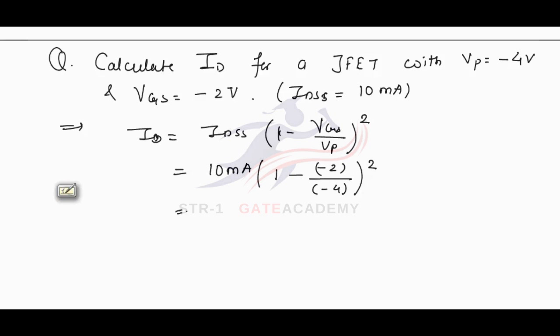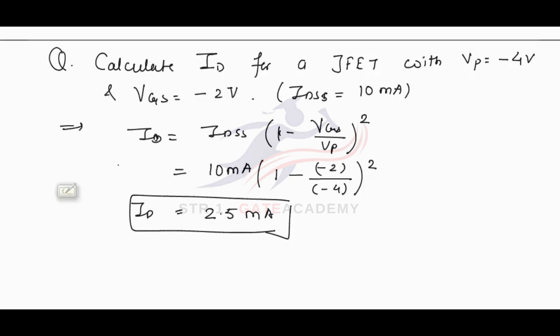This will be equal to 2.5 milliamperes. This will be the drain current ID at VGS equal to minus 2 volts.